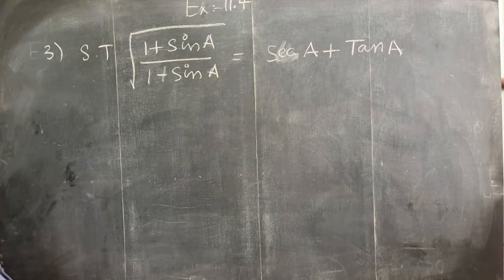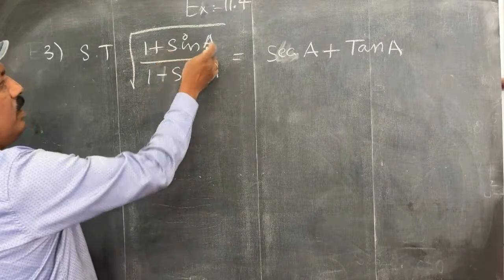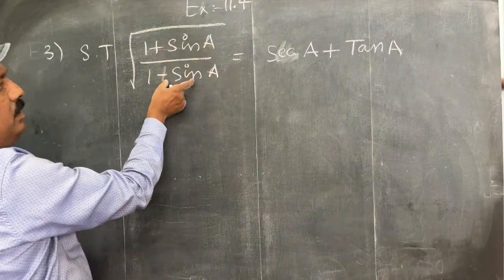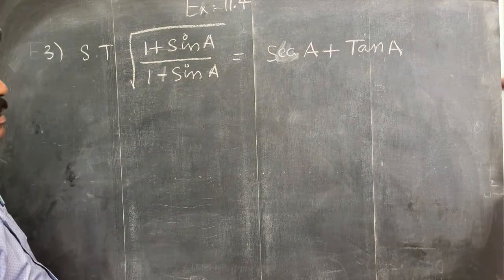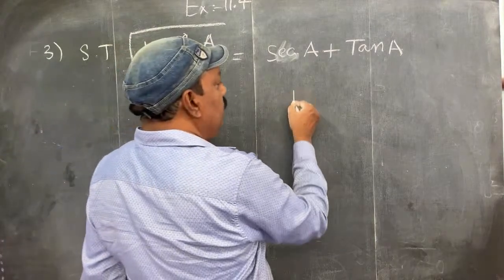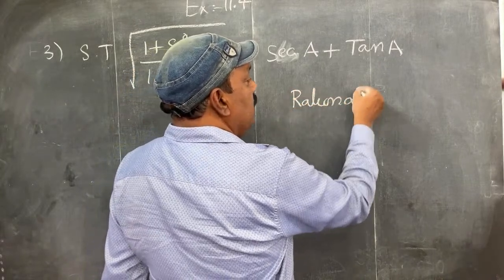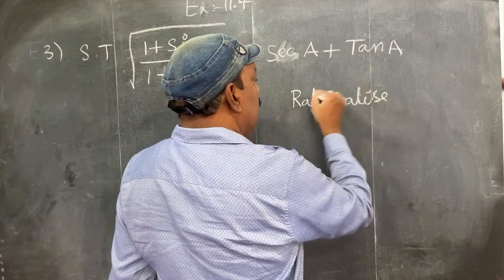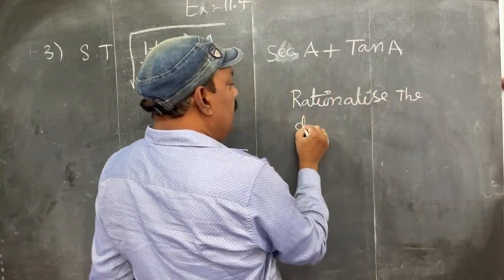Now, the first step is here. Whenever we get a similar denominator and numerator where the signs are different, we have to go for rationalization. Here we have to rationalize the denominator.